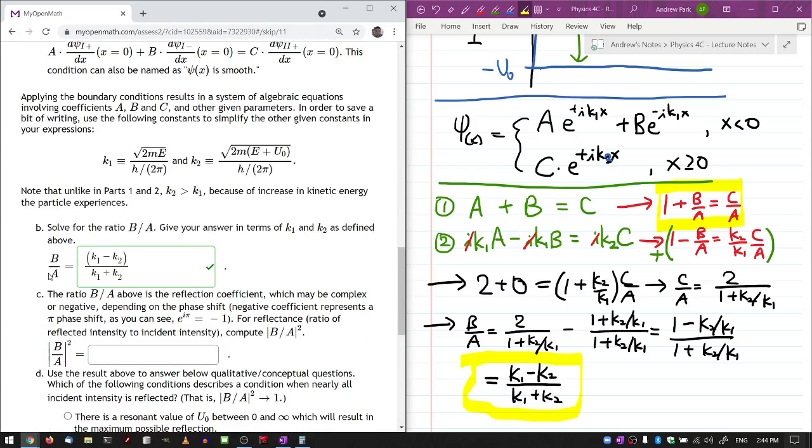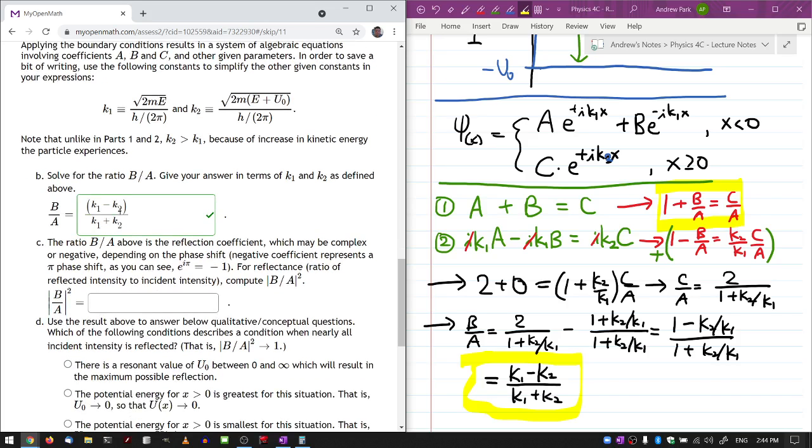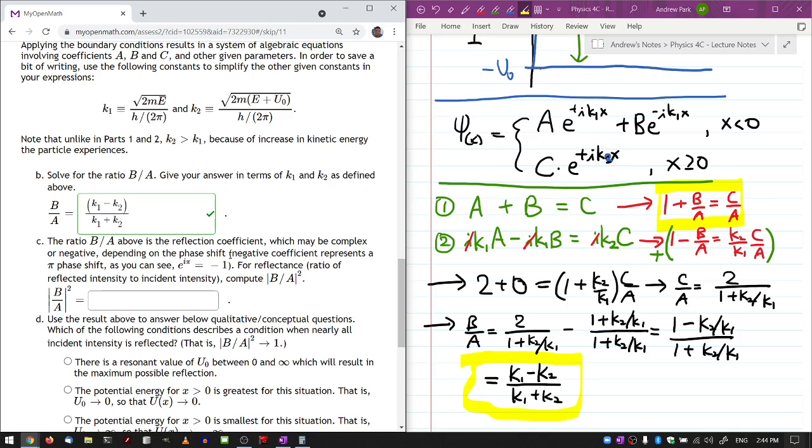Is B over A still positive? I hope you notice that K2 is actually larger than K1. So B over A is actually negative. It's a reflection coefficient, which may be complex or negative depending on phase shift. Negative coefficient represents a pi phase shift. As you can see, e to the i pi is equal to minus 1.